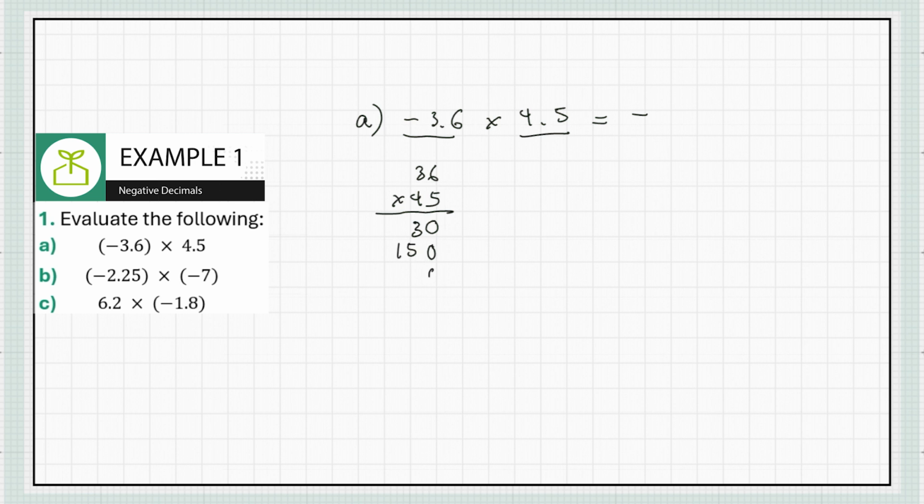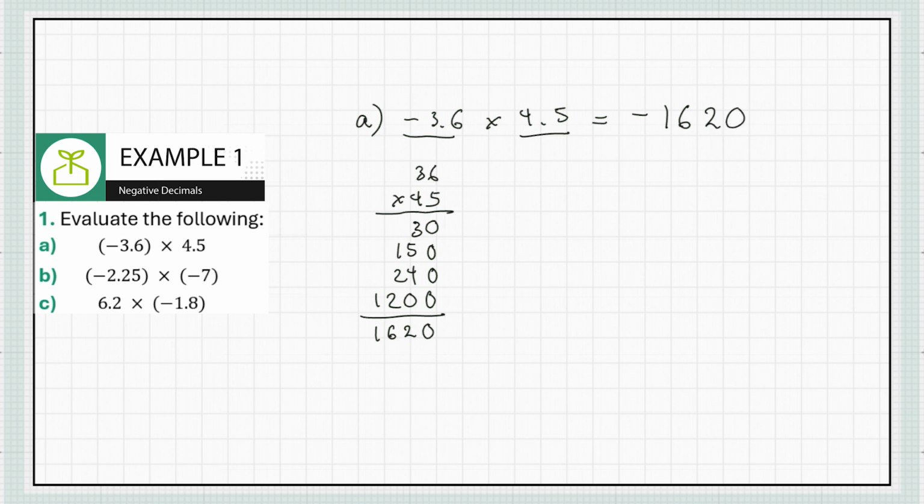Okay, now for the 40, we put down a 0 to recognize the 10, we do 4 times 6, which is 24, and then we do 4 times 30, which is going to be 120. Alright, so this whole thing simplifies down to 1620. Now let's bring it back up here.